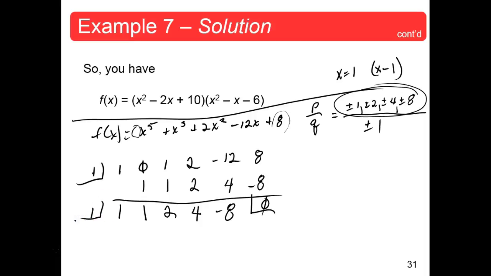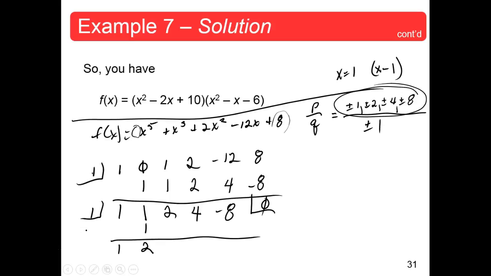Now that only works for plus 1. If it was a minus 1, you actually have to do the synthetic division. But the plus 1, you can just add coefficients. Only one you can do that way. So what do you do now? Skip a line, draw a line. Bring down the 1. Or drop it. 1 plus 1 is 2.